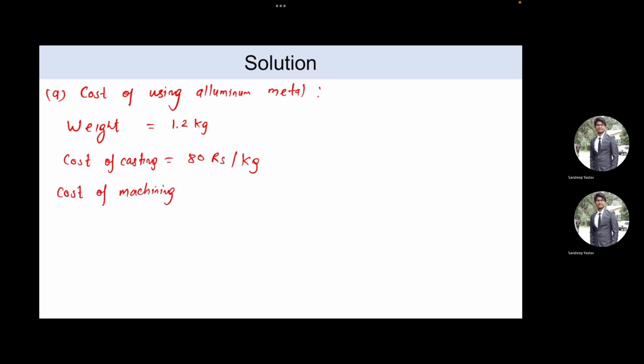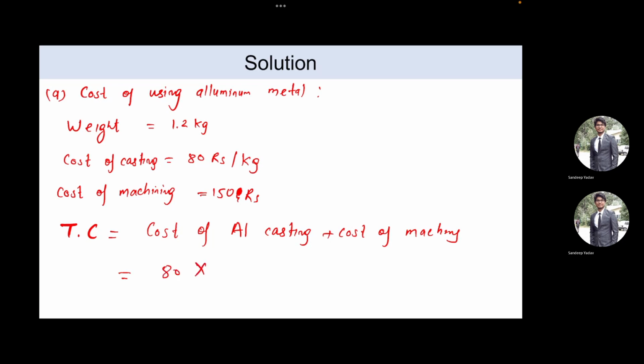Cost of machining will be 150 rupees. So the total cost will be cost of aluminum casting plus cost of machining. That will be 80 into 1.2 plus 150 rupees. That will be 246 rupees. So that is the total cost.